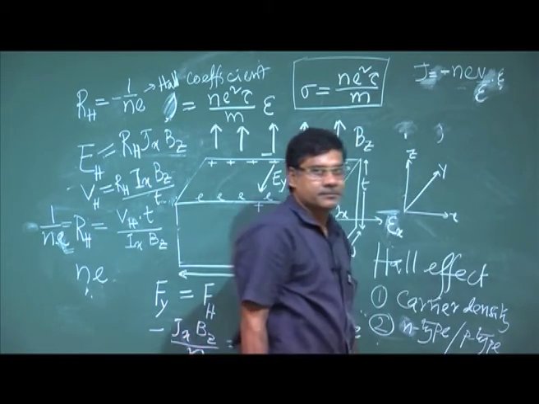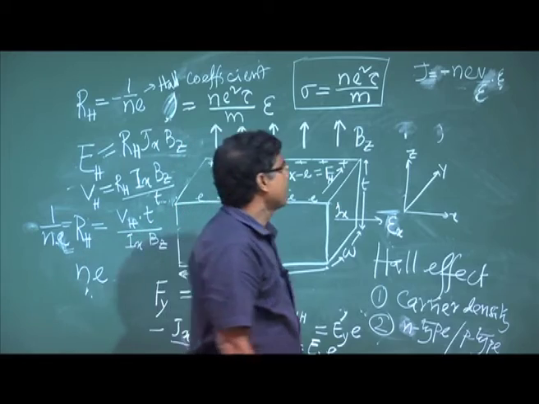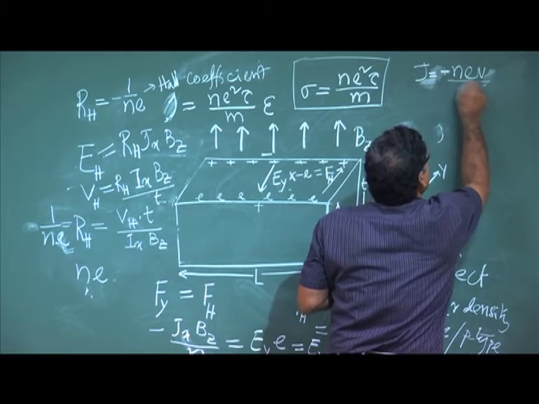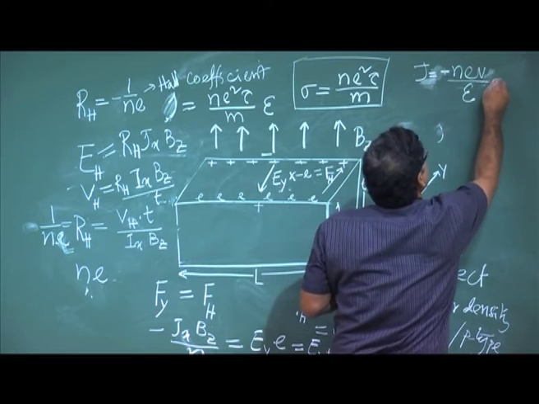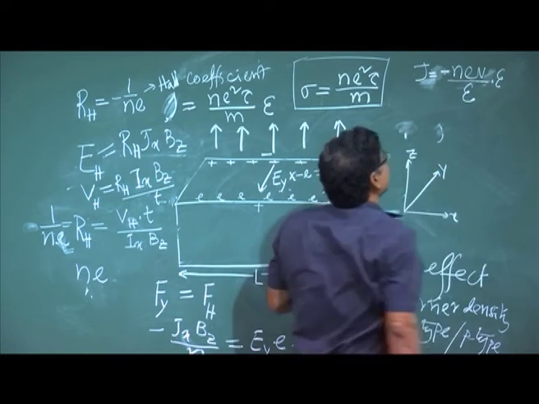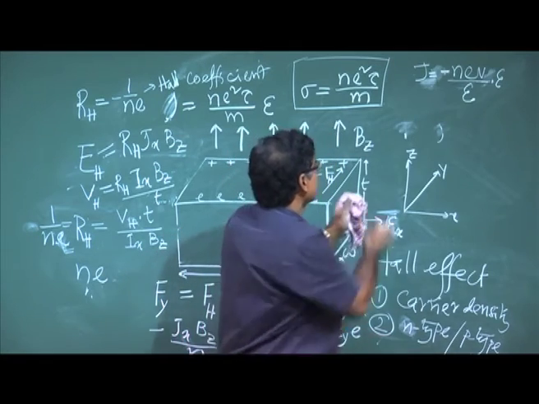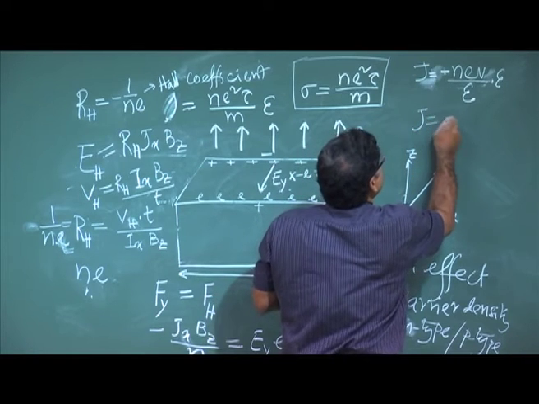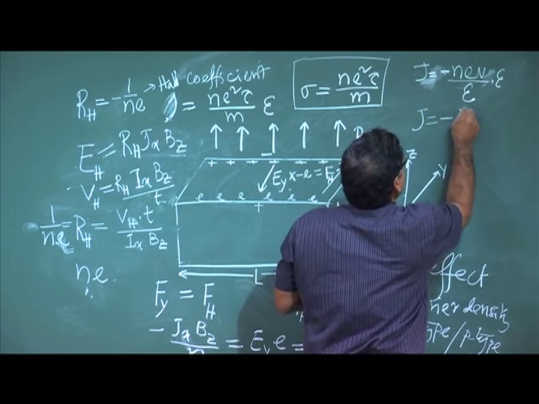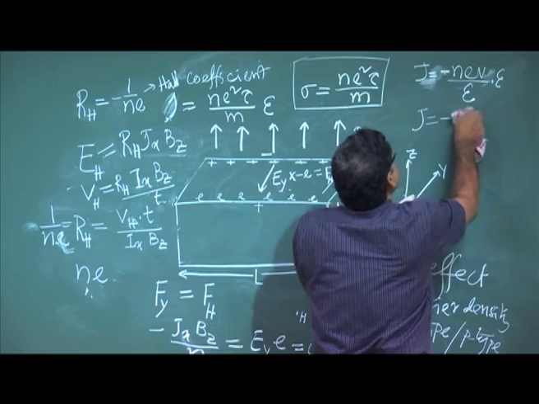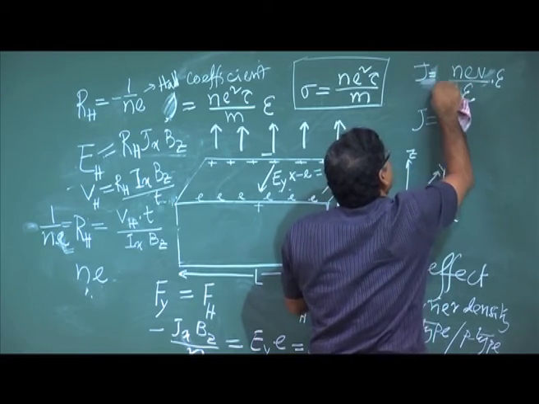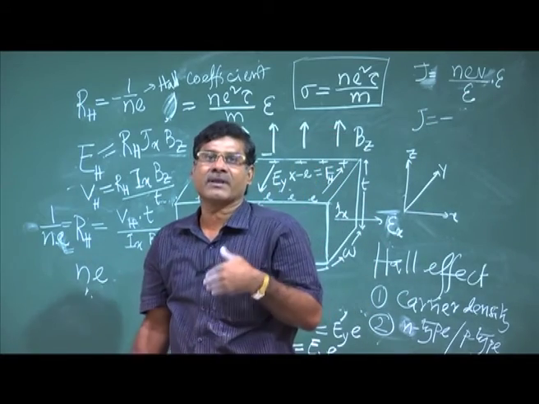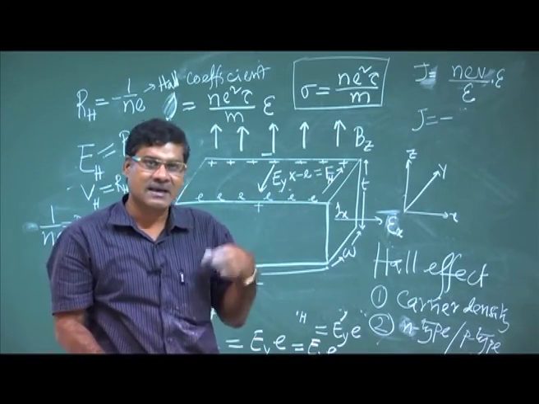So, I can write J equal to minus n, and again you forget this sign, we are using this whether it is electron or hole.